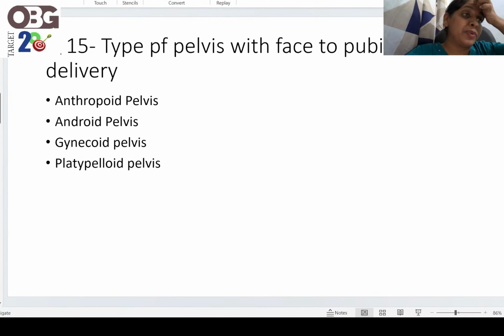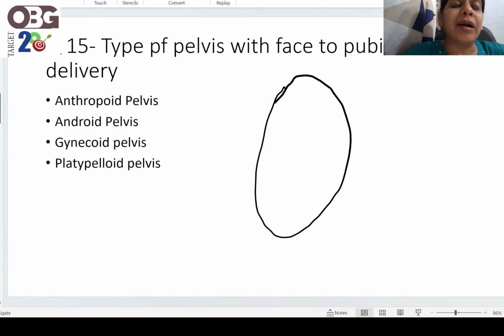Type of pelvis with face to pubis delivery. Now, what is face to pubis delivery? Usually the occiput comes in front and the face is towards the maternal back, towards the maternal sacrum. But if the face comes first and the occiput is toward the maternal sacrum, it is face to pubis delivery.